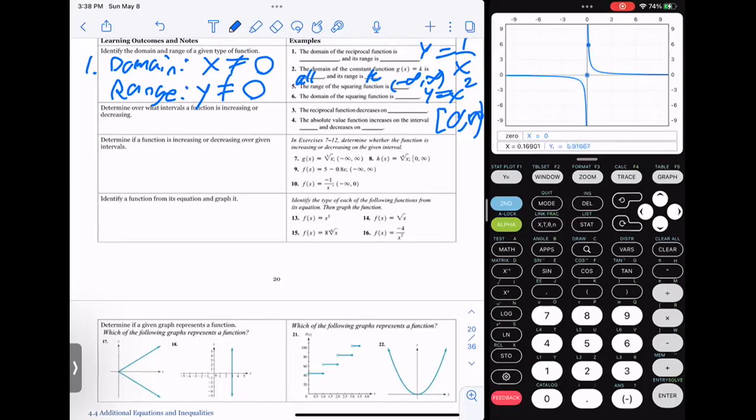And keep in mind, the larger the negative value, the further down the number line you're going. So like negative 17.75 is far less than negative 0.3. Okay, remember the number line. And to the right, we're just decreasing the y value as we go. Okay.